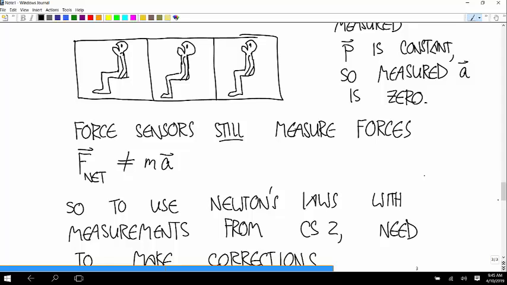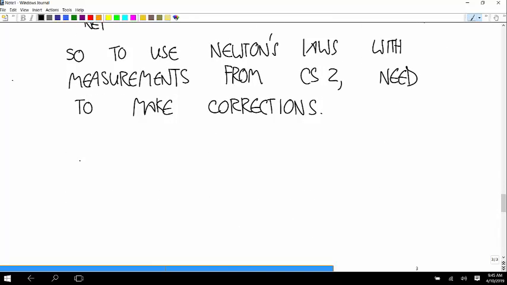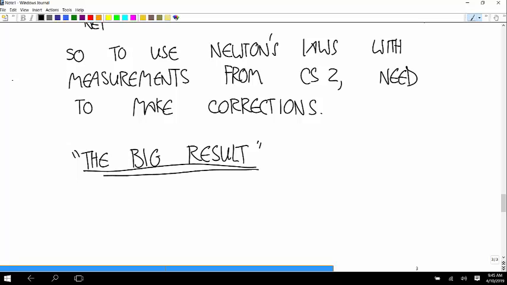Okay. Well, what we're going to see is the big result. I don't know why it's in quotes, but that's what I'm going to call it, the big result.